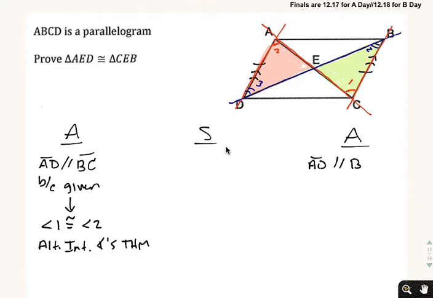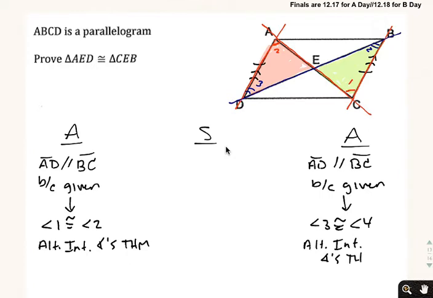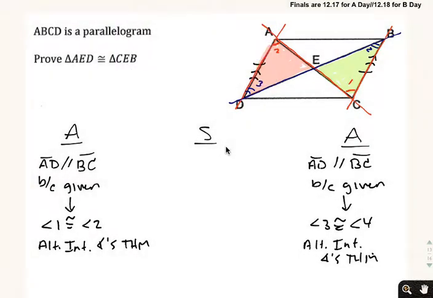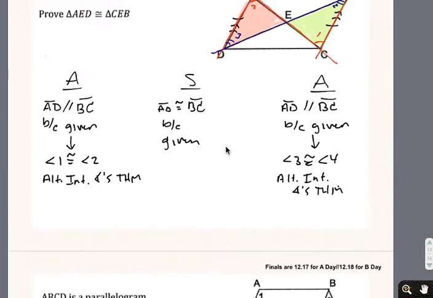AD is parallel to BC because it's given, which tells us angle 3 is going to be congruent to angle 4, again because of the alternate interior angle theorem, albeit with a different transversal. And the side length is actually going to be smack dab in the middle. Why don't I change colors? We have AD congruent to BC. And again, I'm going to write this because it's given that it's a parallelogram, so it comes directly from that.